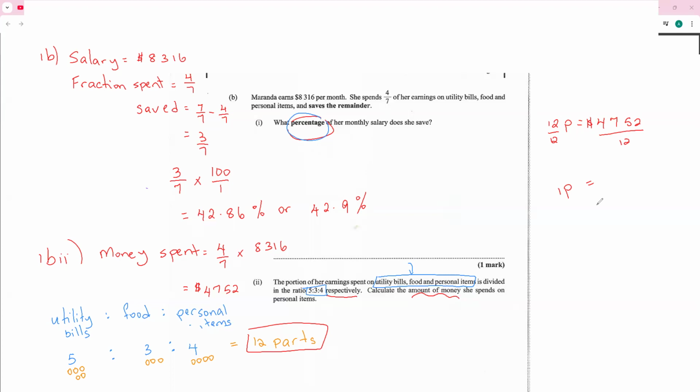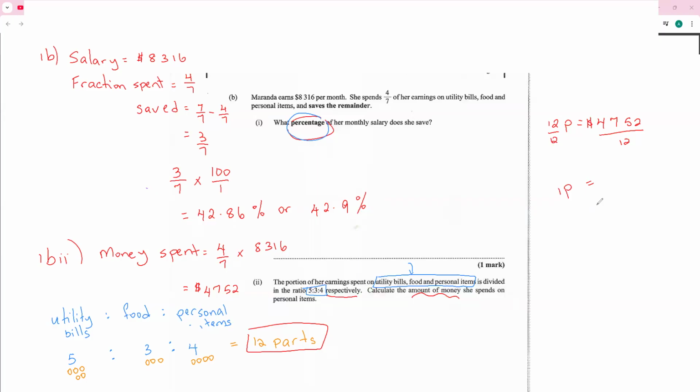Use your calculator in your exam, right? Because they're not really testing whether we could divide or multiply at this stage. They are testing how well we are able to understand when to use it and how to use it.